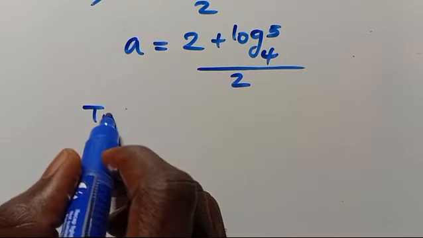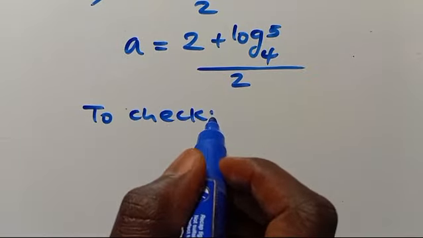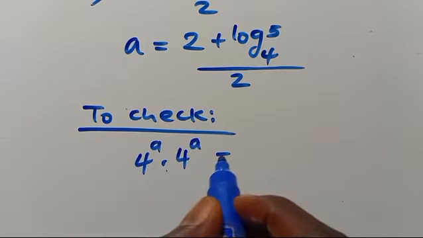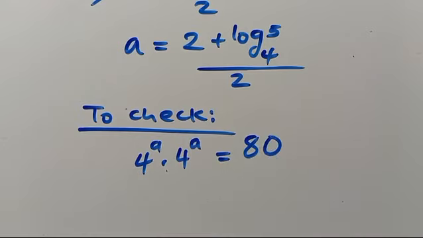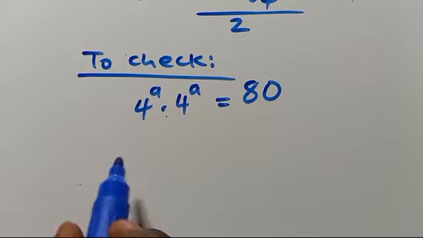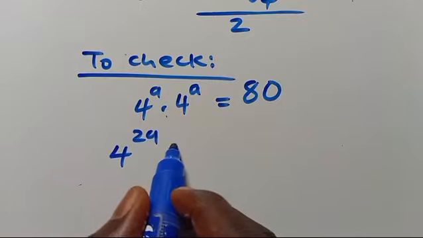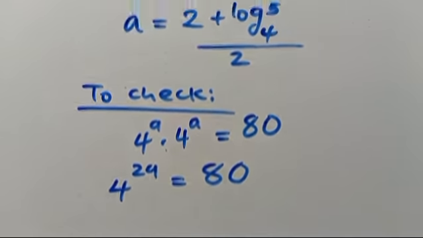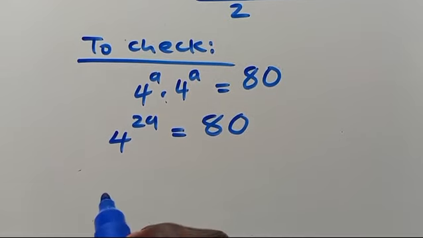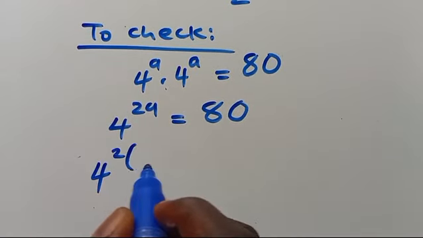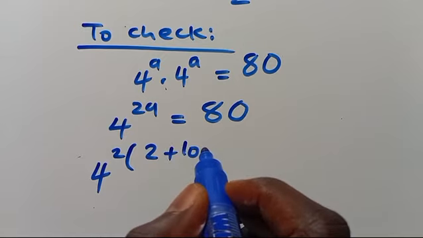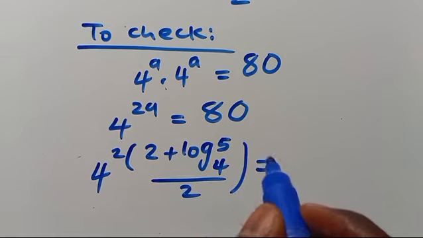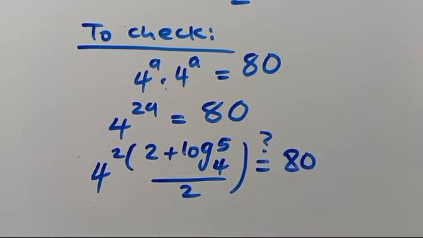So to check, we have 4 to the power of a times 4 to the power of a equals 80. Then we simplify this side: 4 to the power of 2a equals 80. Then our a equals this. So we have 4 to the power of 2 into 2 plus log 5 in base 4 over 2, and it's going to give us 80.